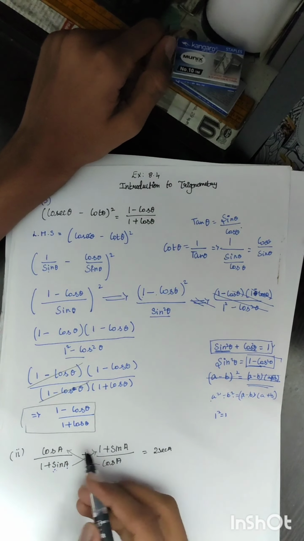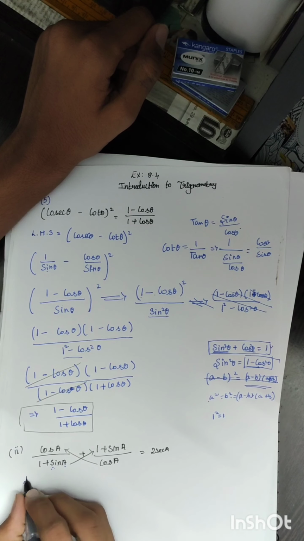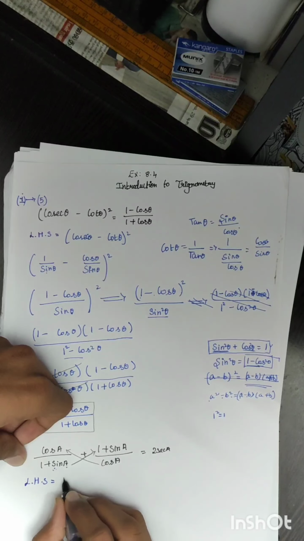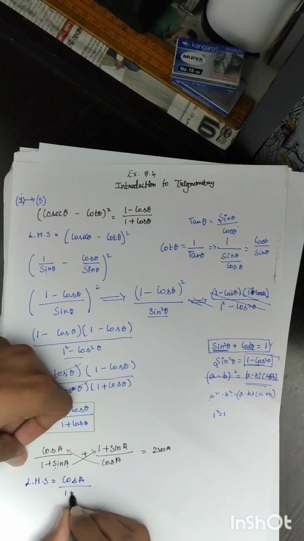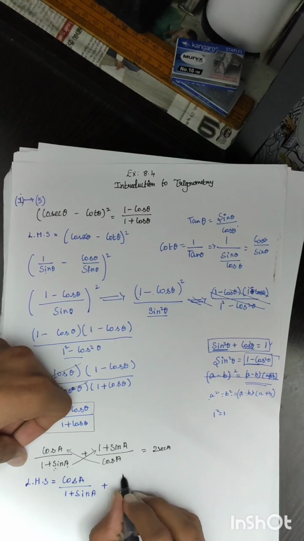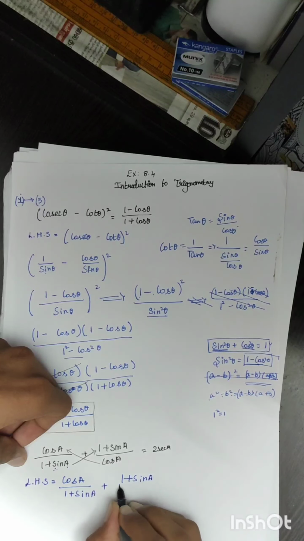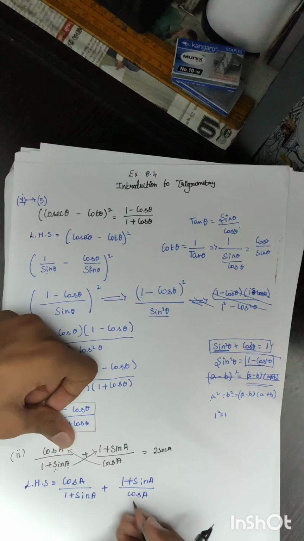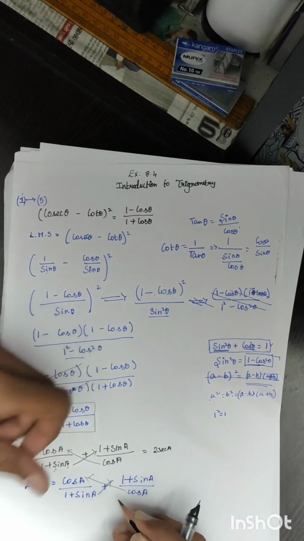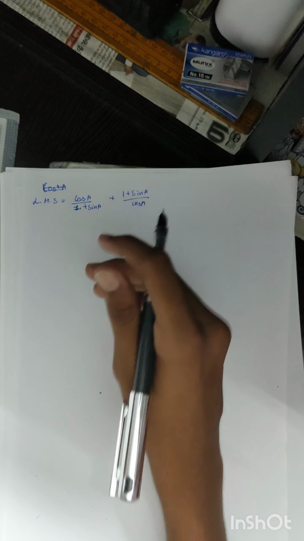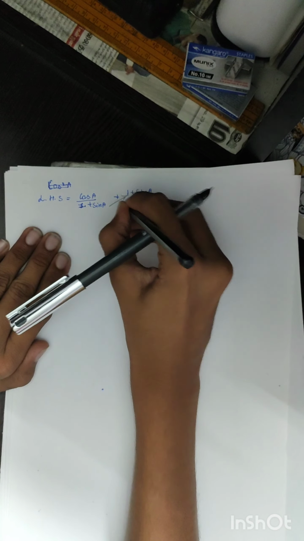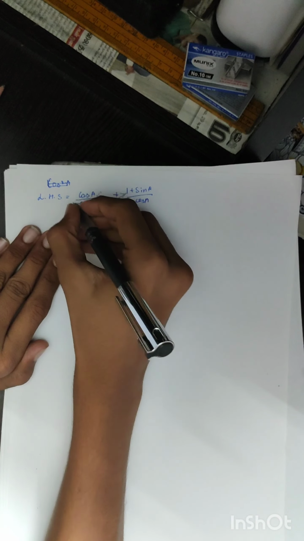I'm taking the LHS only. So LHS is equal to cos A by 1 plus sin A plus 1 plus sin A by cos A. Now we can do cross multiplication, which will help us.